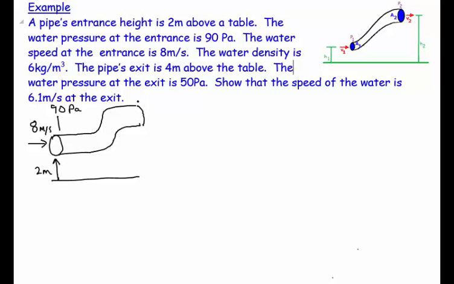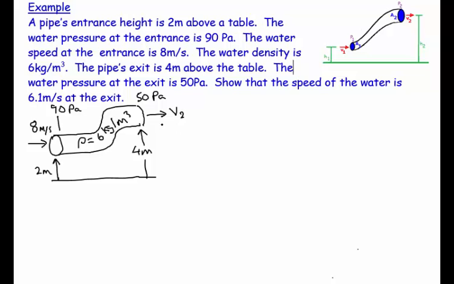I know that at the exit I have 50 Pascal. I'd like to find this velocity at the exit, we'll call it V2, and I know that this is 4 meters above the table. So the pipe is higher at the exit than it is at the entrance. And I know that the density of my fluid is 6 kilograms per cubic meter.